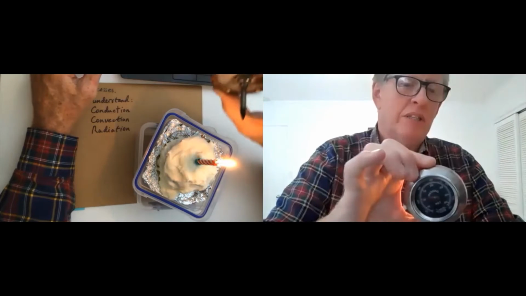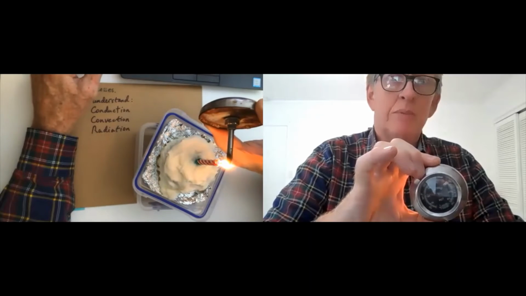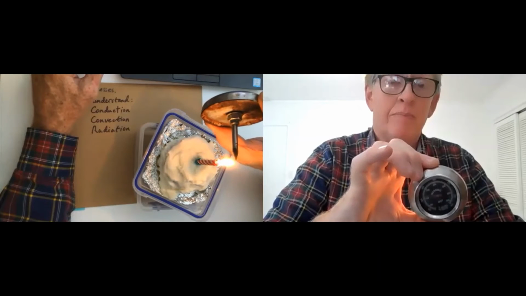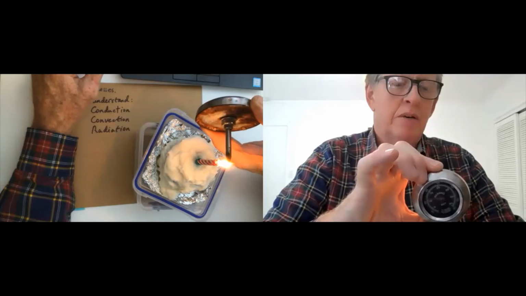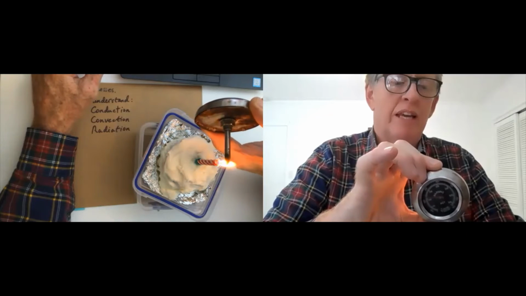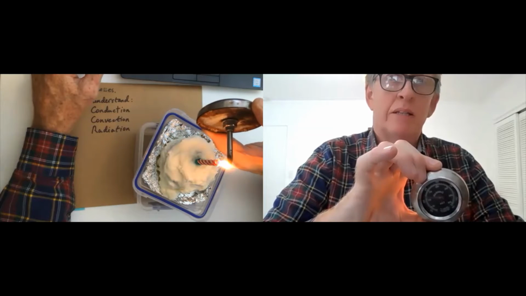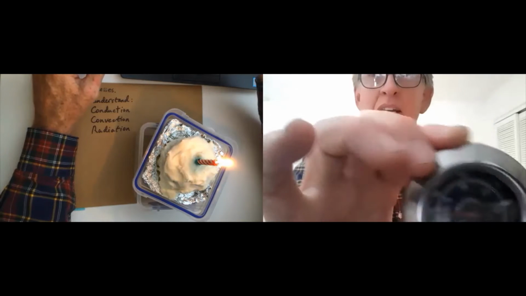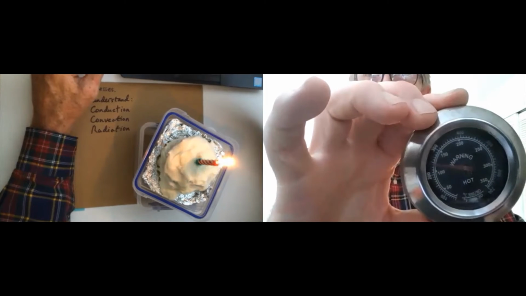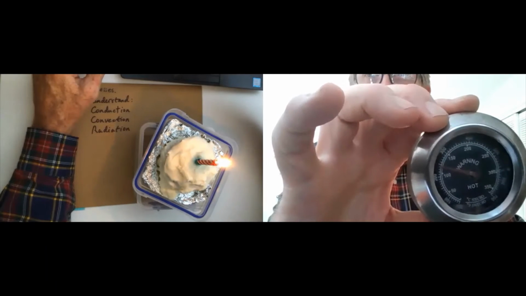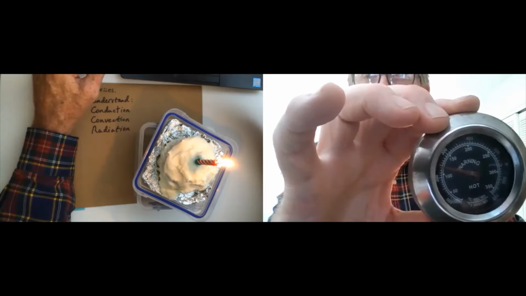What you would have noticed is the temperature keeps rising even when we're out of the flame. It's taken a while for the heat to travel through the metal, and it's just creeping up a little bit there.